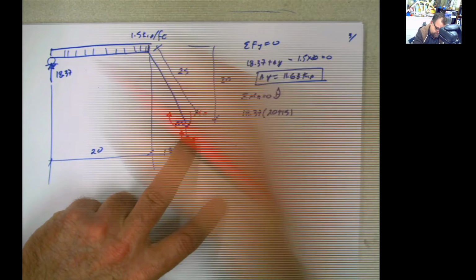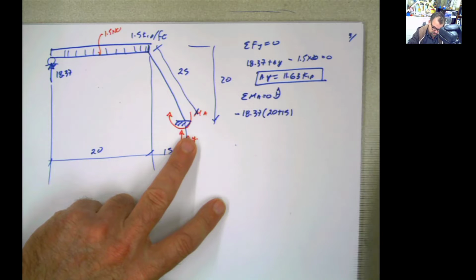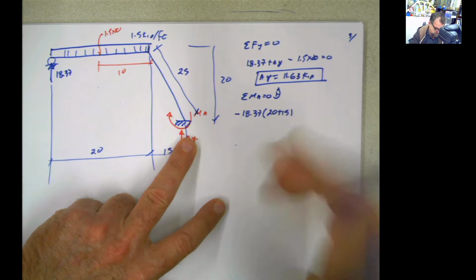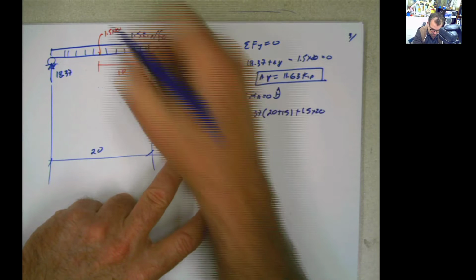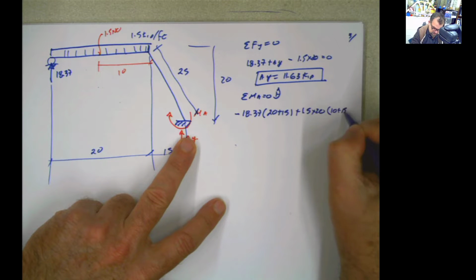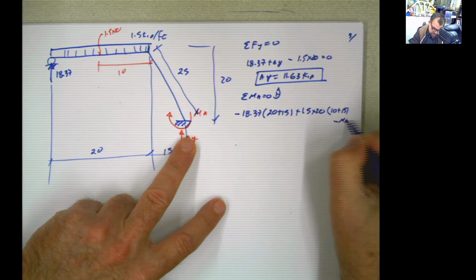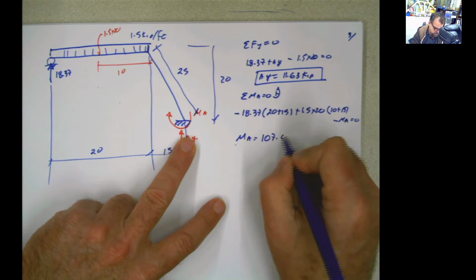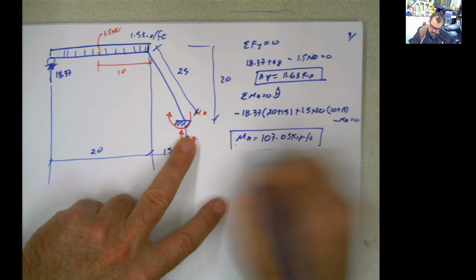Now this one here, plus: this is 1.5 times 20, that's the load, times the distance 10 plus 15, minus MA equals 0. And then we can solve for MA, which is 107.05, if my calculations are correct.